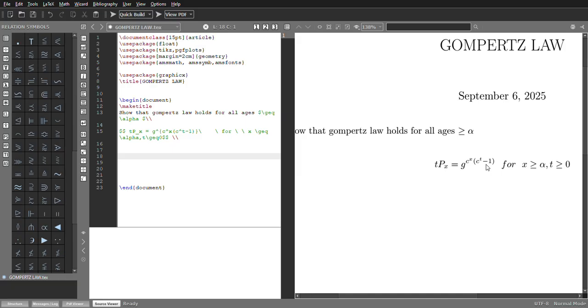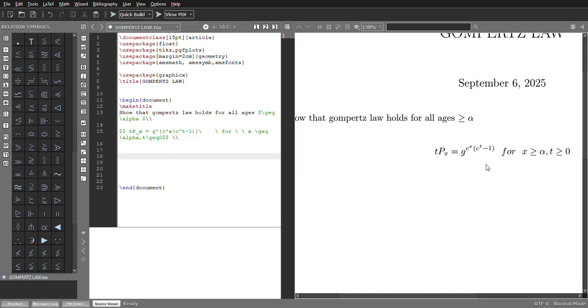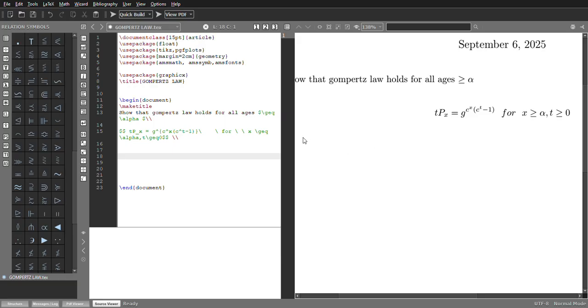So I would love to take you step by step to derive this formula.